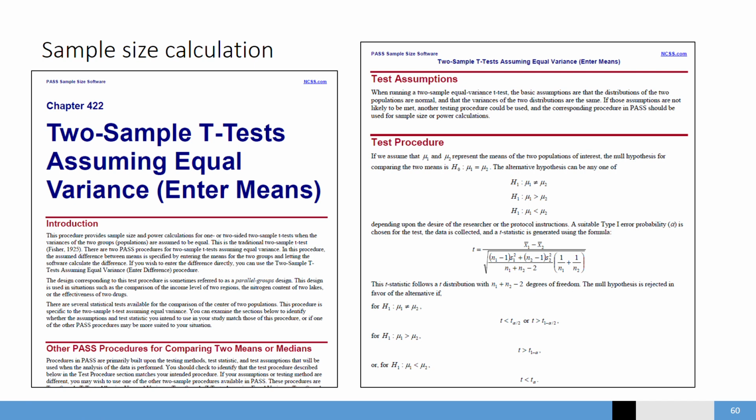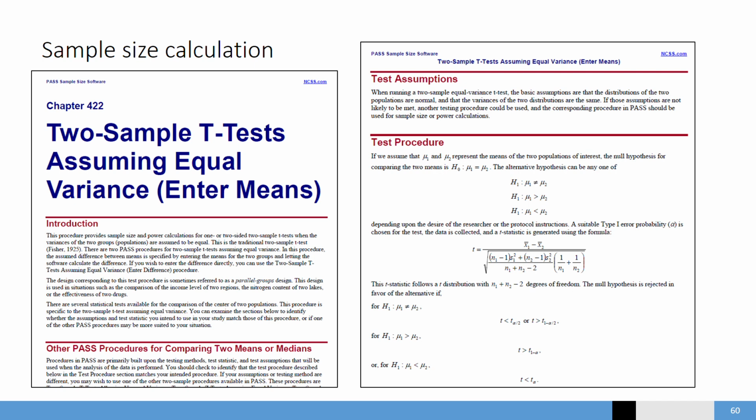You don't need to know all of them by heart or even understand all of them, but you need to understand that this mapping of my problem into something that can be calculated has to be done, and I have to choose the right calculation. This is one of the most common comparisons, the two sample t-test with equal variance, but you have to be aware that depending on how you will analyze your data, you will have to calculate the sample size in different ways.